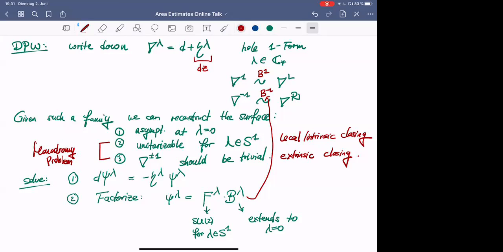Now the idea is, of course, to construct a family of DPW potentials solving all these properties. By doing that, you compute this eta lambda, and actually the phi's, which you need to compute the area. So that's the basic, major improvement here.